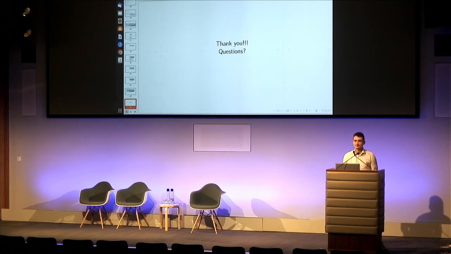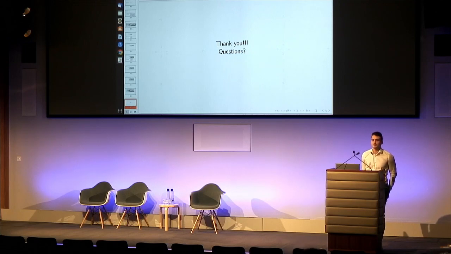Yes, we have a question there. Thank you for the talk. I was wondering if someone wanted to apply this, for instance to the encyclopedia of integer sequences, you gave the example of the involution sequence.